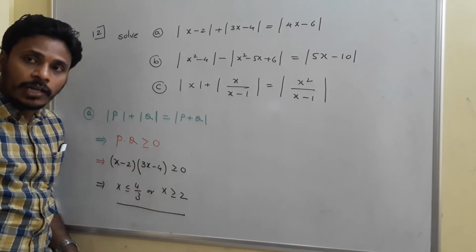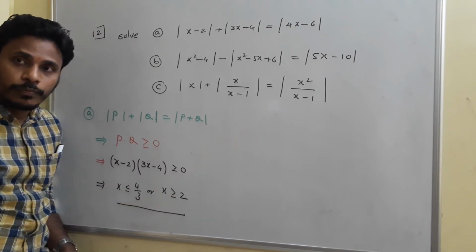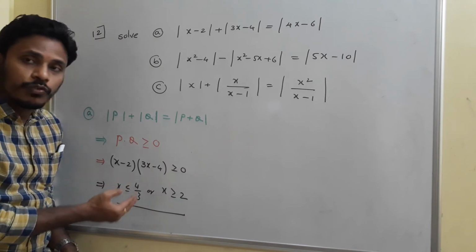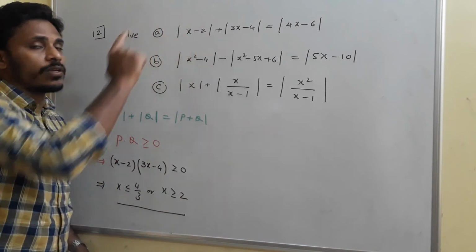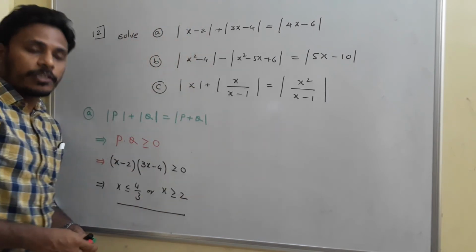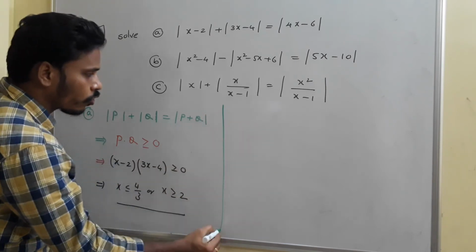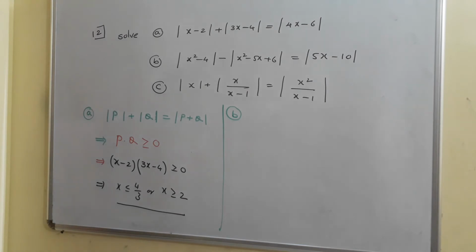At the end, the final answer is x ≤ 4/3 or x ≥ 2. If you need any verification, take any value less than 4/3 or greater than 2, and for sure it satisfies the equation. So that's the first problem. Just have a look, and then we are going to solve the second problem, B. Just think about how to solve it.